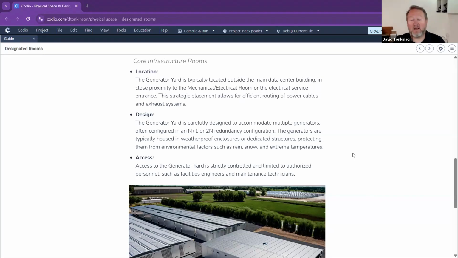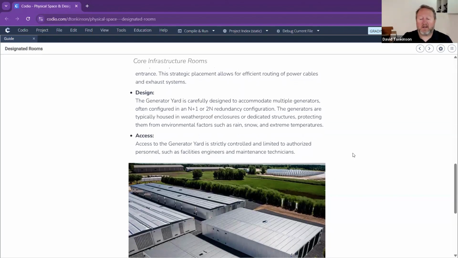Brilliant. So as you see, the designs are like that so that they are able to do it. Of course, if you're running a 2N configuration for your diesel generators, why not put them in separate locations? They don't all have to physically be next to each other. Sometimes they are.